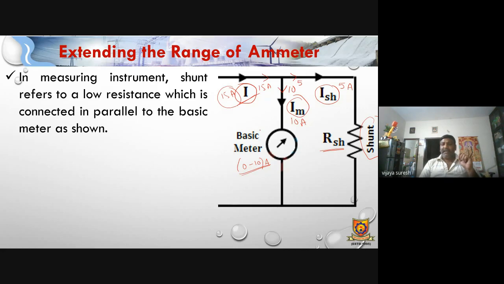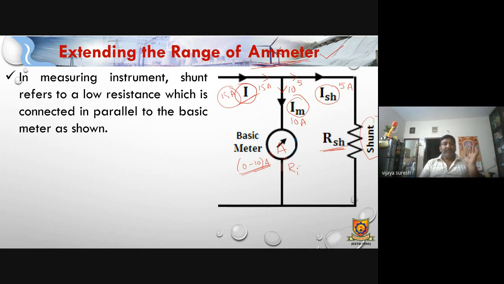Here we are extending the range for ammeter currents. This ammeter can measure currents up to 10 amps, and it has a certain internal resistance Ri. Ri stands for the internal resistance of the meter. And here we are using a shunt path, RSH.